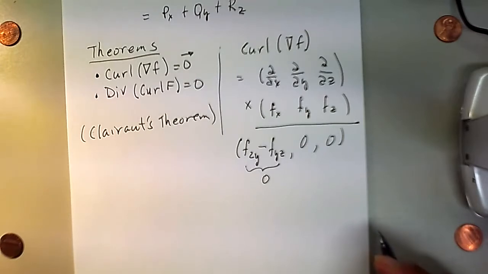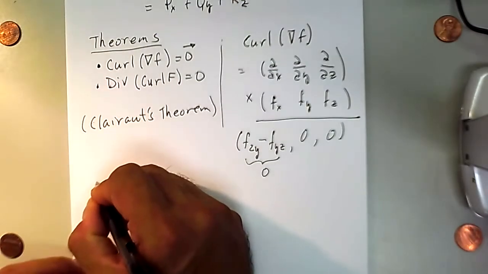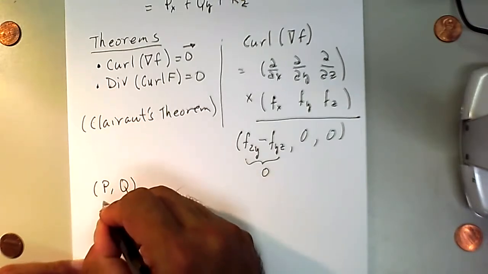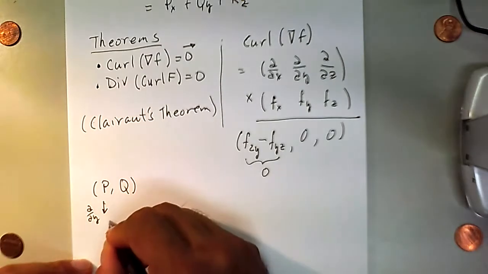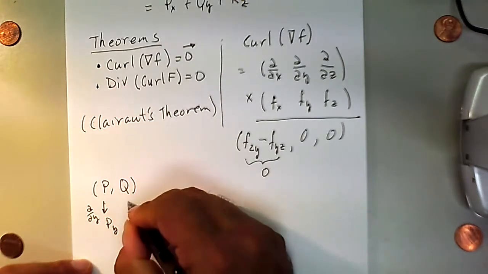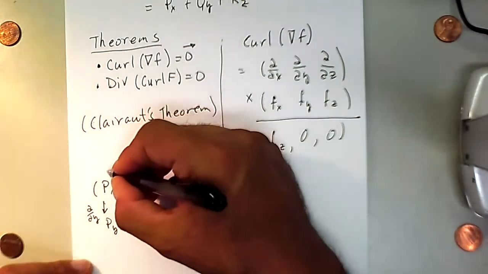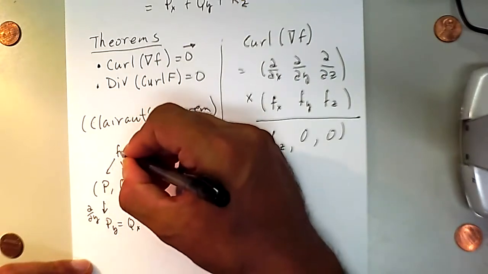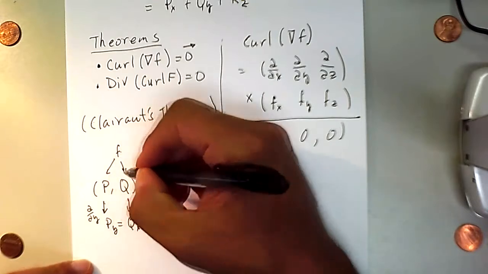In a previous video, the way we found whether something is conservative or not is by finding the derivative with respect to y, so we get p sub y, and then the derivative with respect to x, so we get q sub x. And if they happen to be equal, then there is a source function that after doing the gradient, we get this vector field.